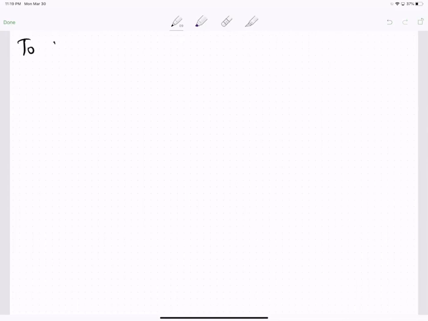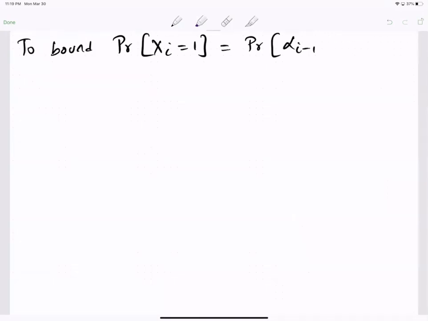So now we want to bound this quantity, probability xi equal to 1, which is nothing but probability that alpha i is less than alpha i minus 1.